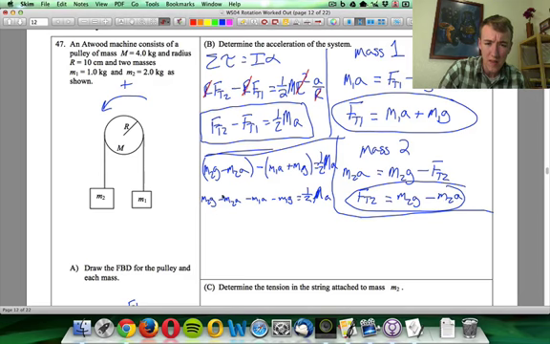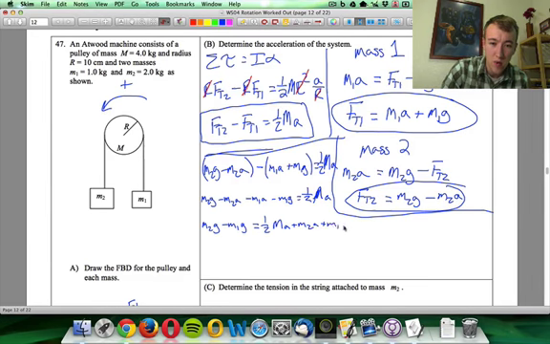See if I can't get some of these things to the other side. So we get m2g minus m1g equals 1/2 big M a plus m2a plus m1a. I moved everything with the acceleration on one side, kept the other stuff on the other side.